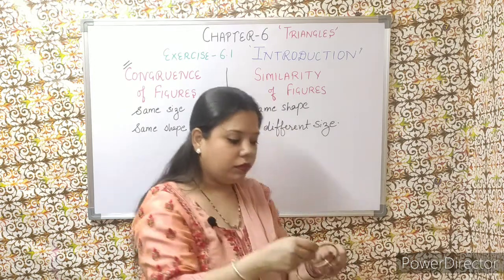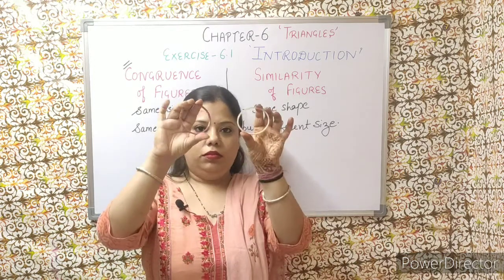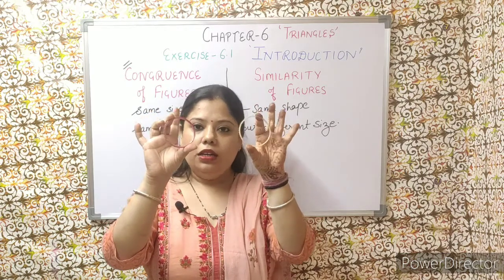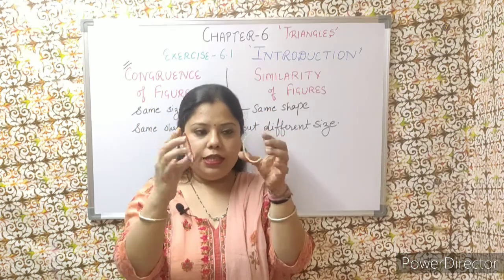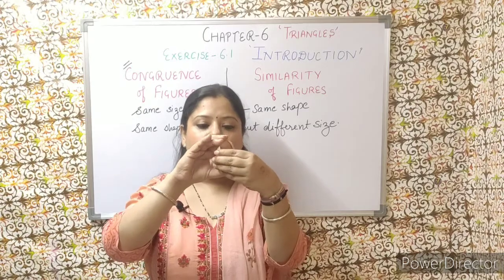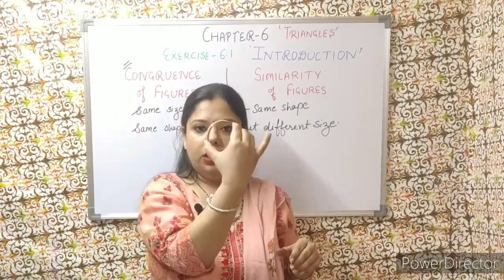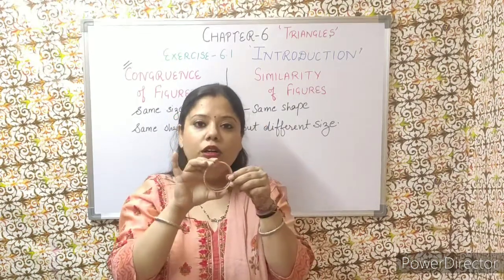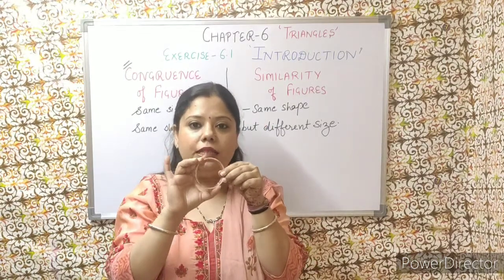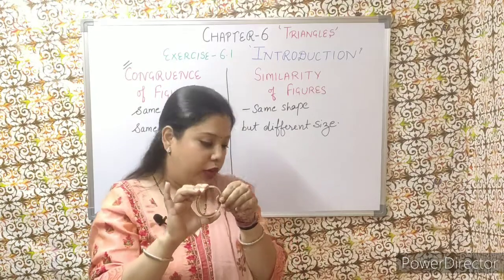Similarly, again, two bangles, both are circular in shape. The shape is the same, but you see they are not able to cover each other properly. So what are they? They are similar but not congruent.